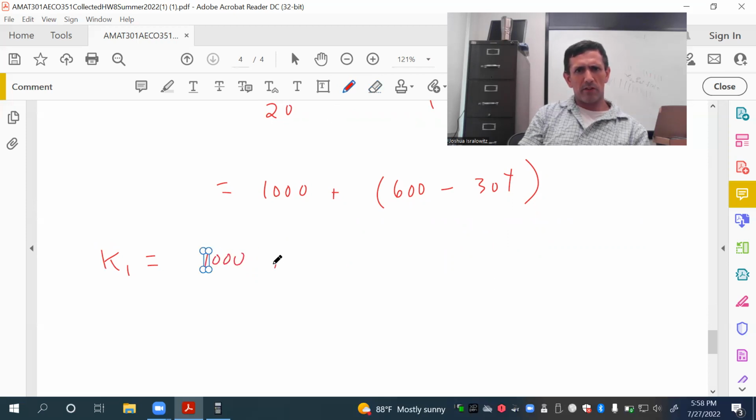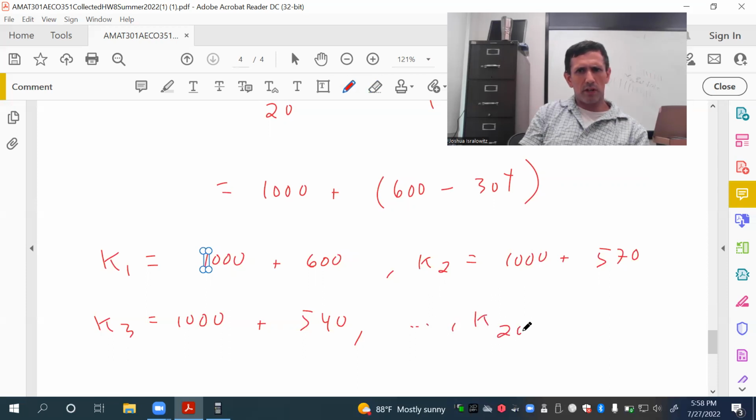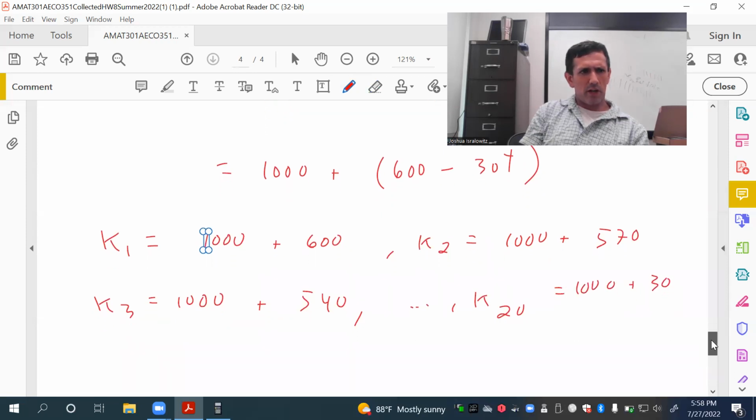You keep the 1,000 plus, T equals 0, 600. This is 1,000 plus, T equals 1, 570. 1,000 plus 540, etc. K20, T equals 19, it's going to be 1,000 plus 30.